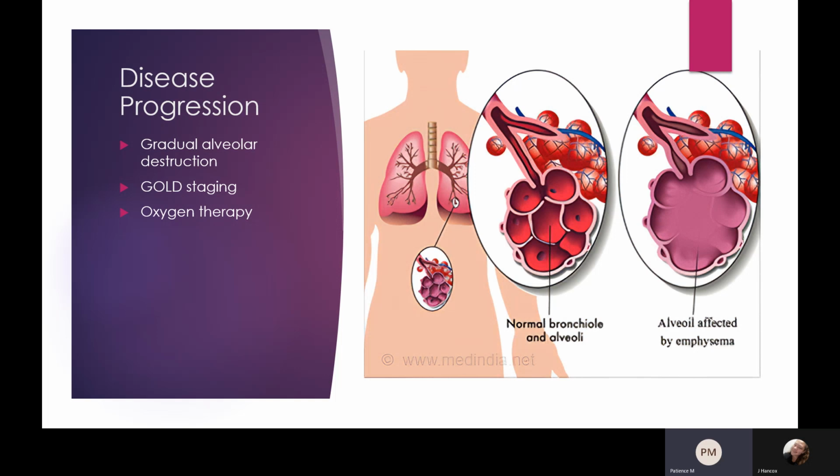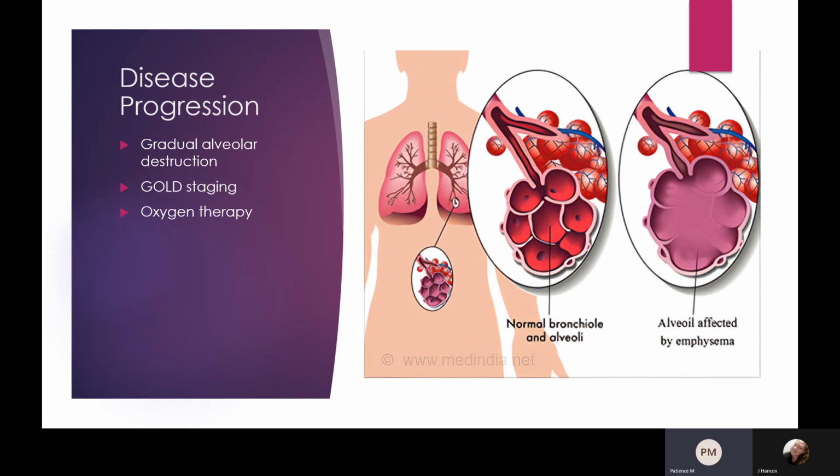This test measures the lung volumes and capacities of the lungs. The GOLD staging system, from the Global Initiative for Chronic Obstructive Lung Disease, uses the forced expiratory volume in 1 second, which is the amount of air that an individual can forcefully exhale in 1 second after a deep maximal inspiration. It places the emphysema progression into stages.